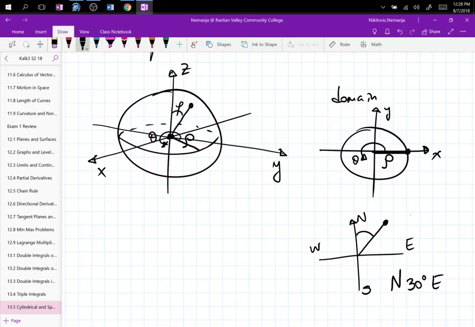So if I want to describe the ball, the limits would be 0 to 2 pi for theta, 0 to pi for phi, and then 0 to whatever your radius is to come up with the ball. We'll do that, right? But it's just important to see how these coordinates work. So now, why do I say that cutting out the conical shape, whatever circle you have on the top of the ball, going conically into the edge with the curvature of the ball on top, why is that easy?